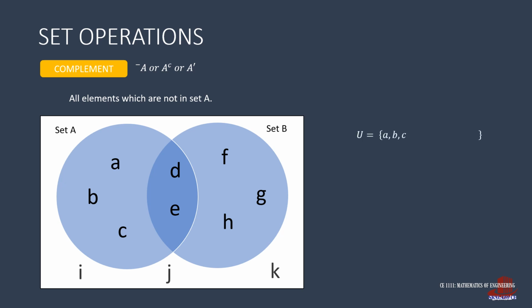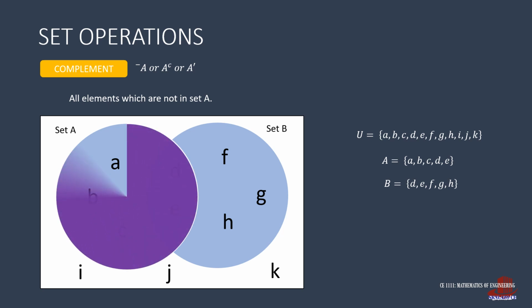Say we have a universal set of elements A until K. Then set A is still A, B, C, D, and E, while set B has D, E, F, G, and H. The complement of set A for this case would contain all elements in the universal set except those in set A. That would be F, G, H, and I, J, and K.